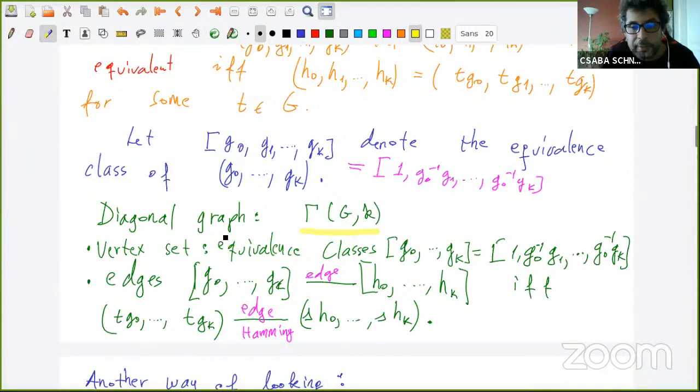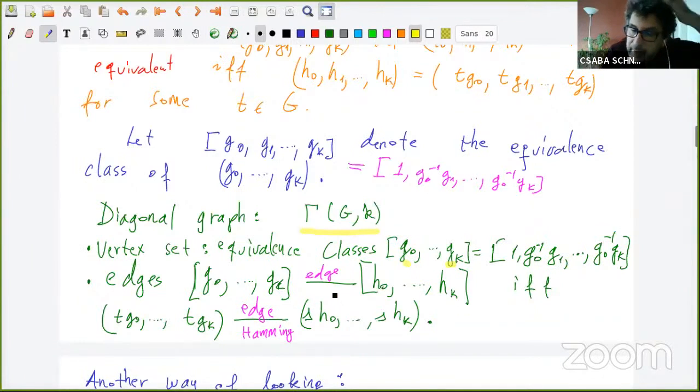So the diagonal graph is going to be the set of vertices, the set of equivalence classes under this equivalence relation, which I have just defined. And as I said, they can be written this way. The equivalence class of g_0 up to g_k, I can write as starting with the identity and then g_0 inverse g_1, up to g_0 inverse g_k.